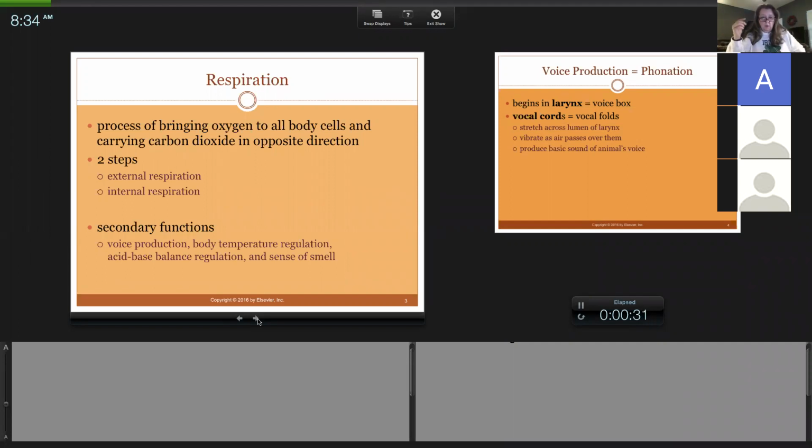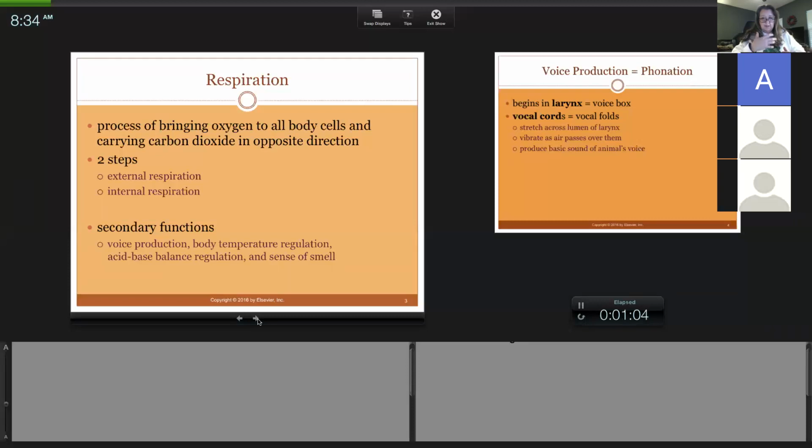Okay, so that is the primary job of the respiratory system, but what are secondary functions of the respiratory system? So remember, voice production, body temperature regulation, the ability to pant is very important to regulate body temperature, and to maintain the acid-base balance, which is basically our pH. So acid-base is the pH of our blood.